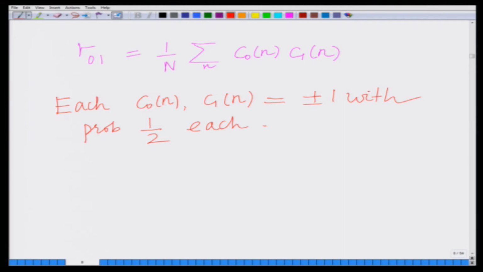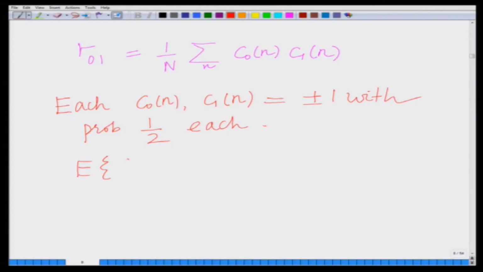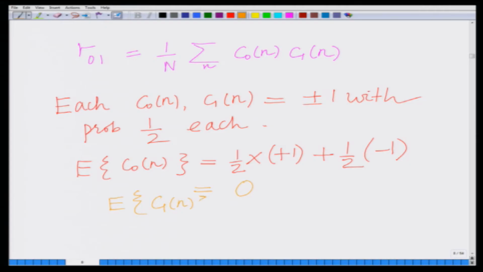Each of the chips is either equal to plus 1 or minus 1 with probability half each. Therefore, now we want to compute the expected value of these chips. The expected value of c naught n equals half times plus 1 plus half times minus 1, which is equal to 0, and similarly the expected value of c 1 n is equal to 0.